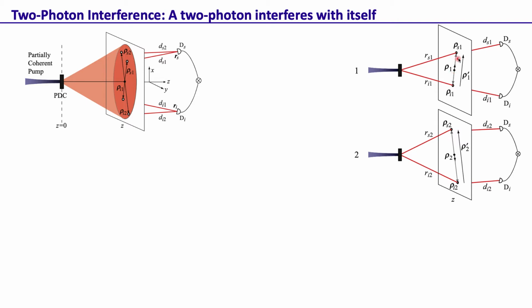So these are the 2 alternatives that these 2 photons take in order to reach these detectors. And so the interference is basically interference between this and this alternative, and the interference will take place as long as these 2 alternatives are indistinguishable, or as long as these 2 alternatives are coherent with respect to each other.